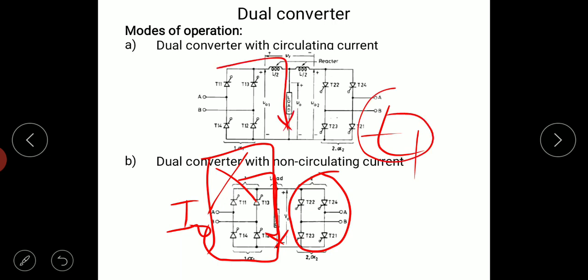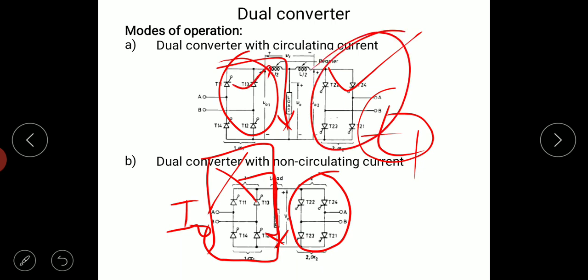Just before time instant t1 we will trigger our converter 2 and we will commutate our converter 1. So before converter 1 gets commutated, converter 2 is already in conduction state. There will be no problem of short circuiting because we have connected a reactor in between.